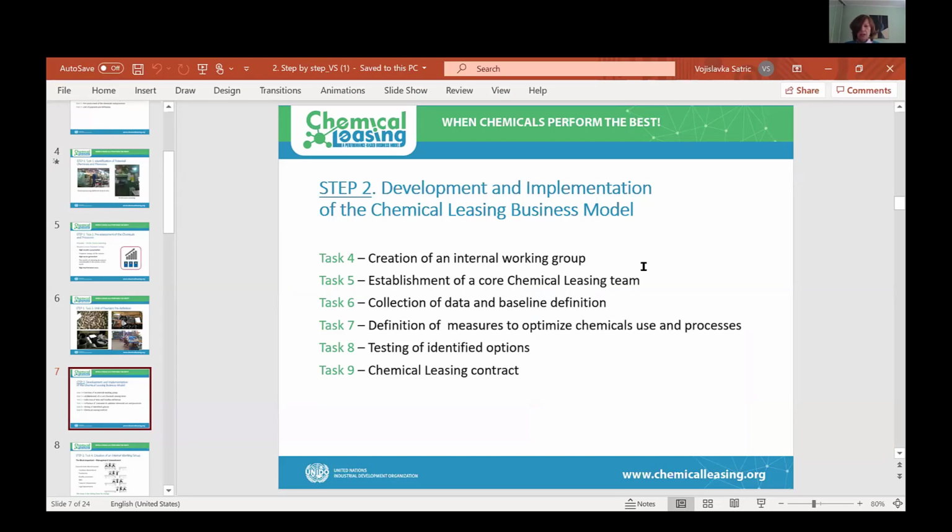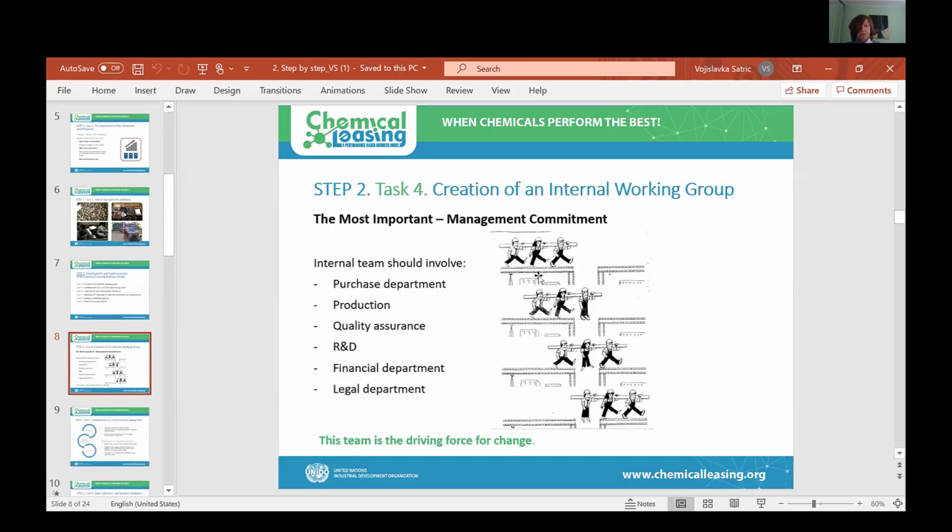This task is really very important, and sometimes time consuming. Also, we have to define measures to optimize chemicals and processes, test identified options, and at the end of the day, sign a chemical leasing contract. Who is involved in the chemical leasing team, the internal working group, I'd say?